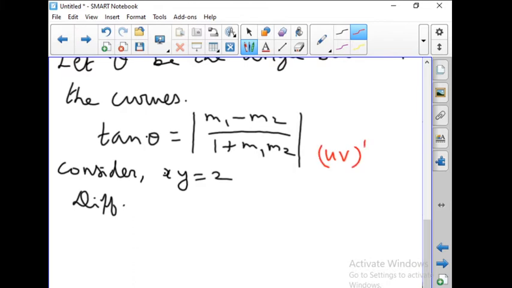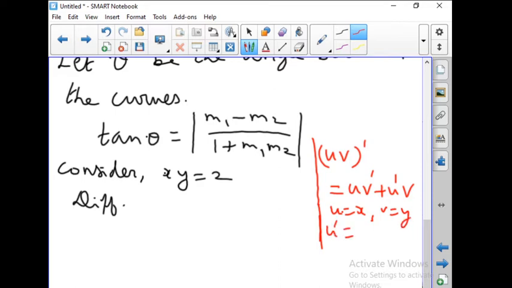So what's the formula? uv dash plus u dash v. What is u? Take u is equal to x and v is equal to y. Then u dash is equal to 1 and v dash is equal to y dash. We can write y dash or dy by dx. Anything can be written.